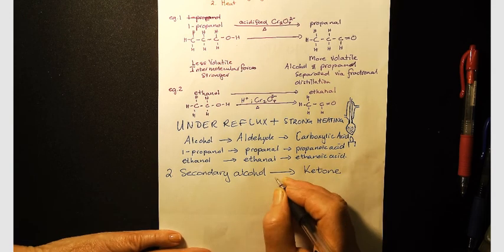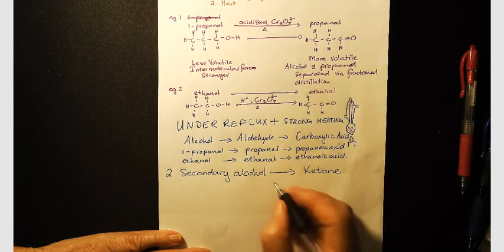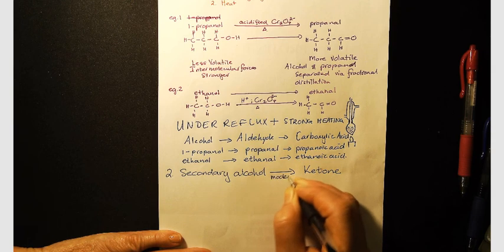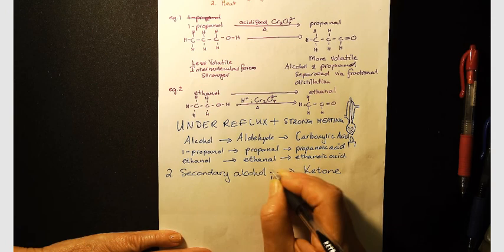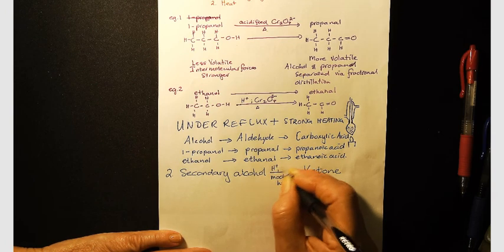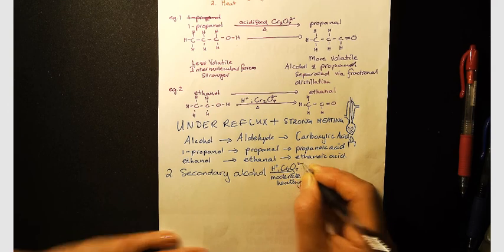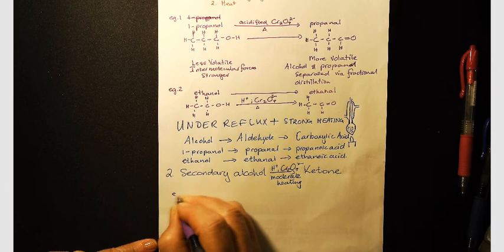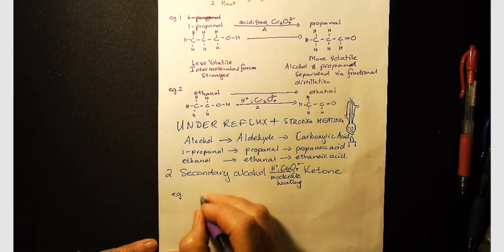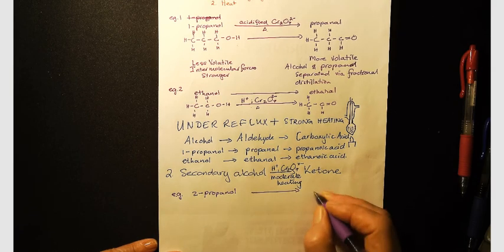And where the previous reaction was a stronger heating, it is moderate heating needed here, and obviously your acidified dichromate solution. I'm going to do one example of a secondary alcohol. So 2-propanol will turn into propanone.